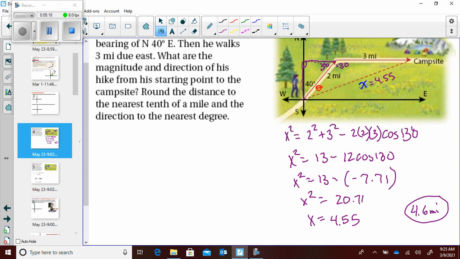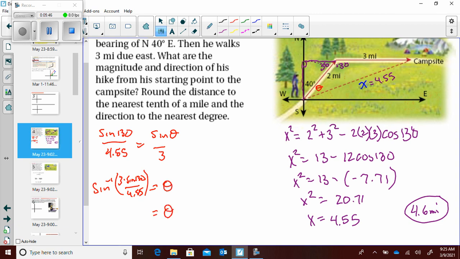So that gives me the sine of 130 over 4.55 equals sine of theta over 3. So theta will be the inverse sine of 3 sine of 130 over 4.55.